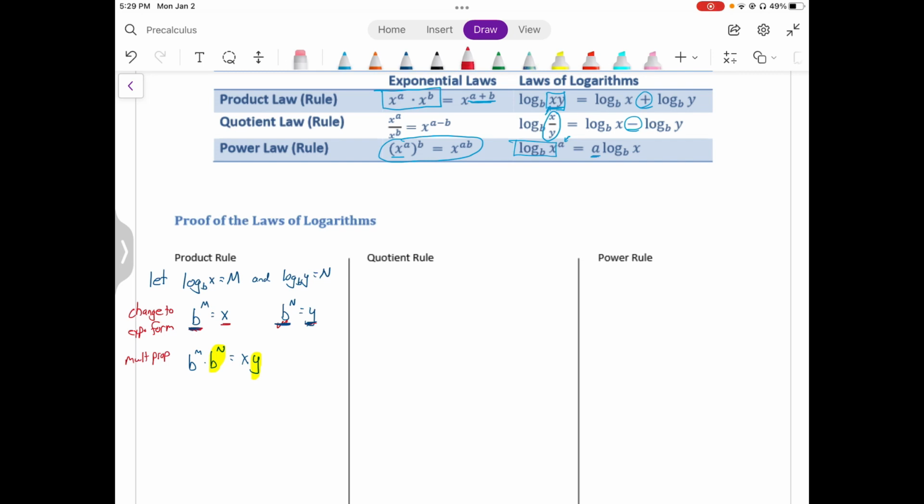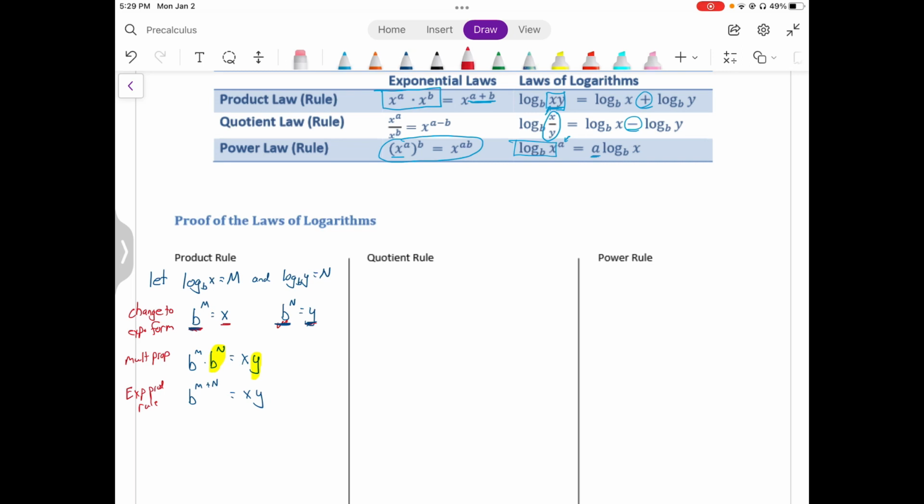Now we're going to apply the exponential product rule. We have an exponent times another exponent with the same base. We add the exponents, and that's equal to xy.